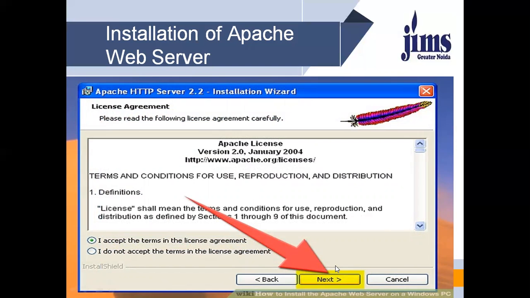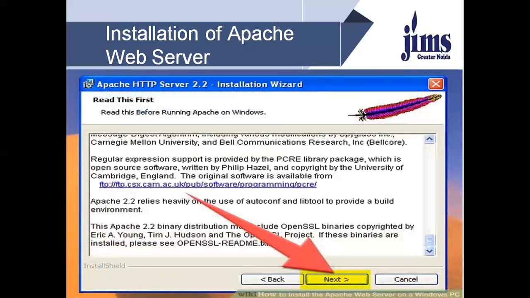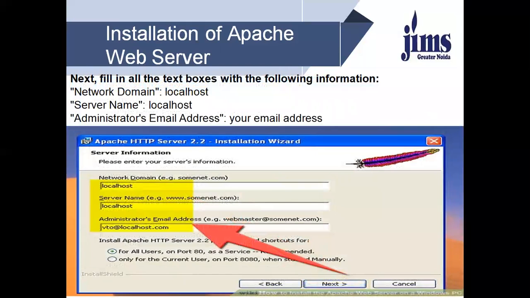After clicking on this next button, the installation wizard screen will be displayed, and again you have to click on the next button. Then this dialog box will be displayed.